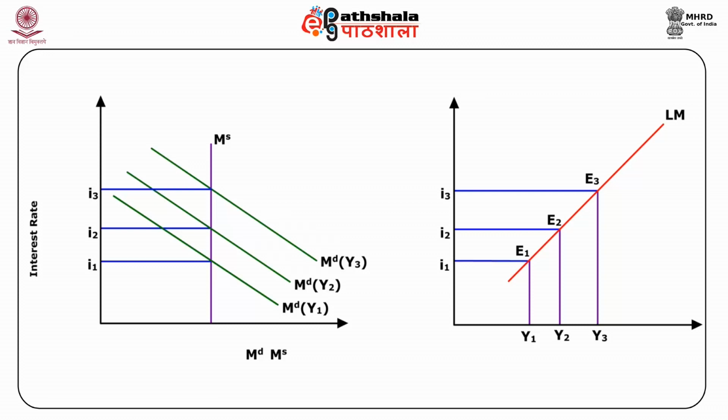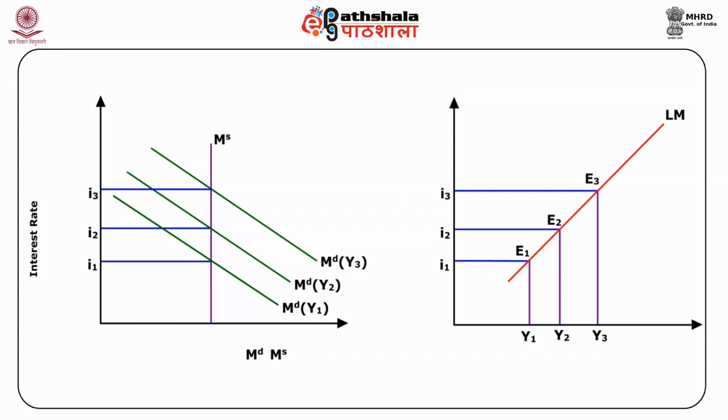At the income level Y1, the money demand curve is MDY1. The rate of interest is I1. At this interest rate and income level I1, Y1, the money market is in equilibrium. This gives the first point E1 on the LM curve.